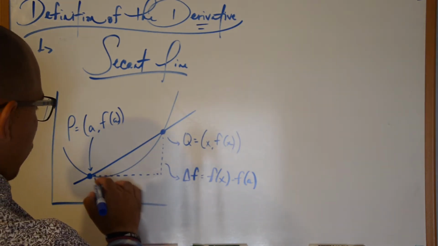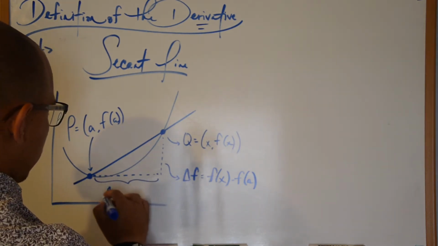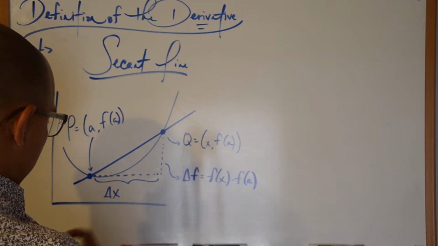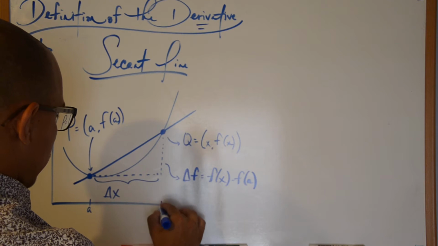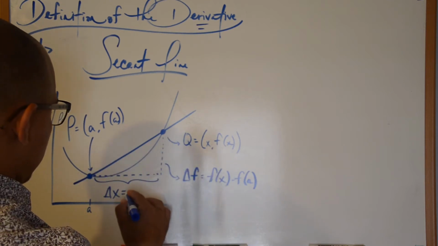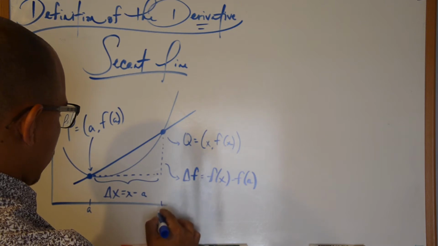And the corresponding run would be delta x, the change in the lateral position, which would simply be x minus a.